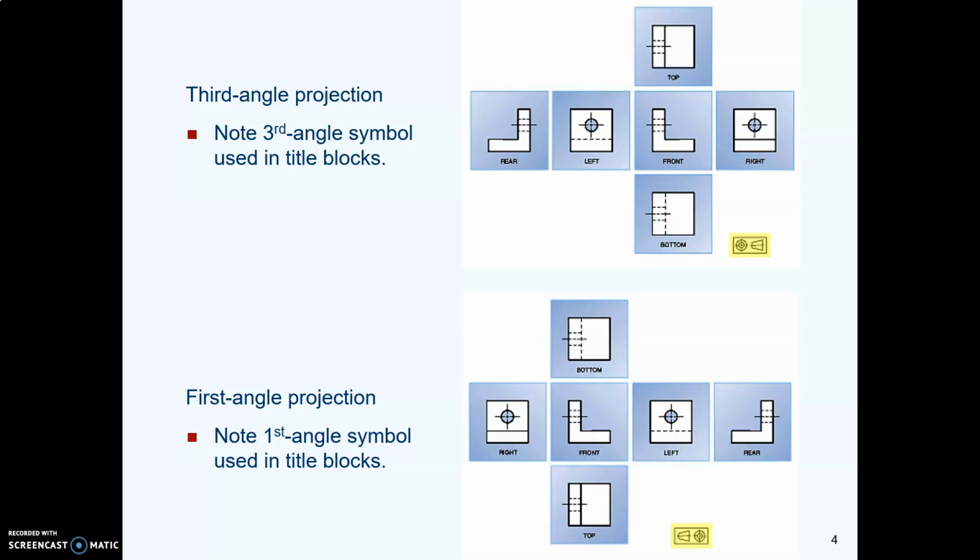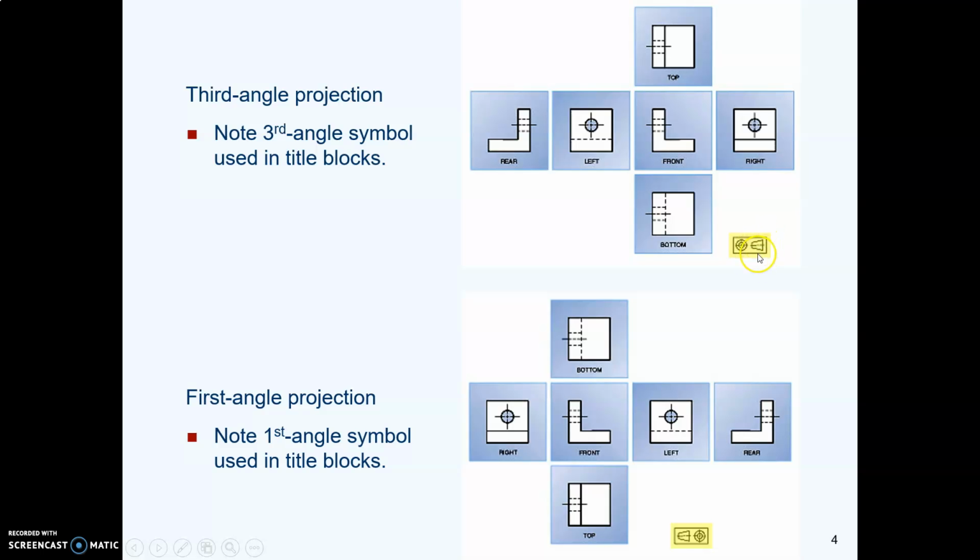These two diagrams try to illustrate how the views will be different if you use the European first angle projection versus the US third angle projection, which we use. Notice the symbol here. This is an ASME standard symbol, and this is a truncated cone with a hole through it.